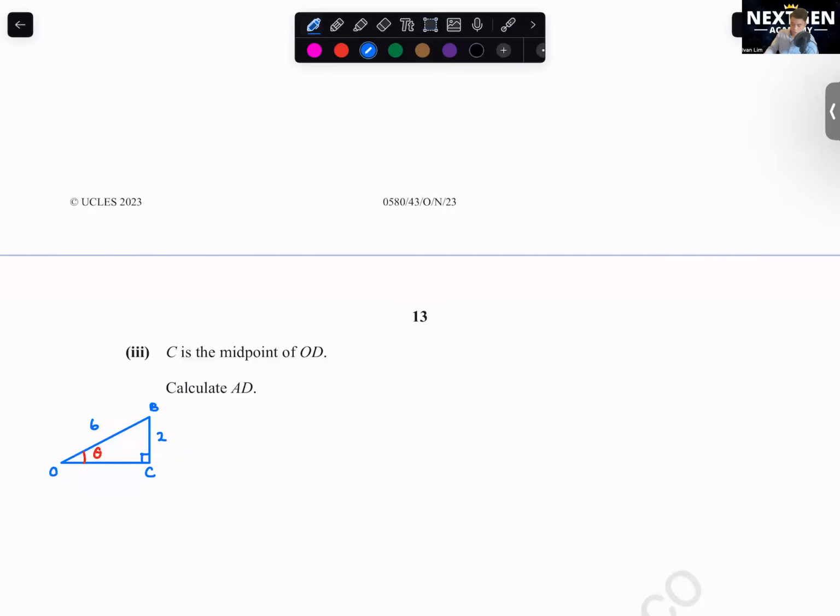OC, I can use Pythagoras theorem. OC square plus 2 square equals 6 square. OC will be square root of 6 square minus 2 square. Okay, you will get root 32.